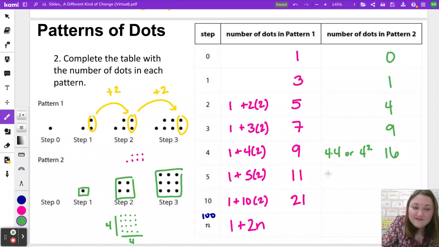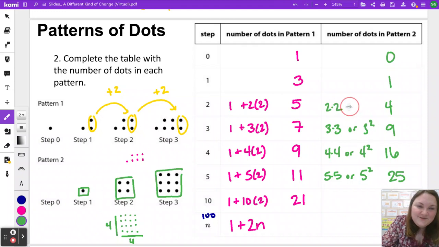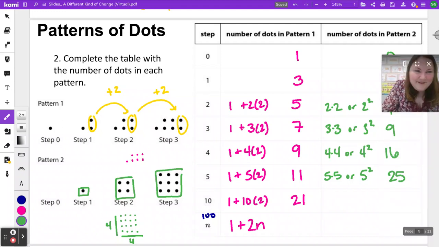So for step 5, I could be doing 5 times 5 or 5 squared to figure out that there would be a total of 25. And that multiplication or exponents we're writing down, you could do for these others too. We could do 3 times 3 or 3 squared, 2 times 2 or 2 squared to get all of these answers. So when we get to step 10, what math would that one be?